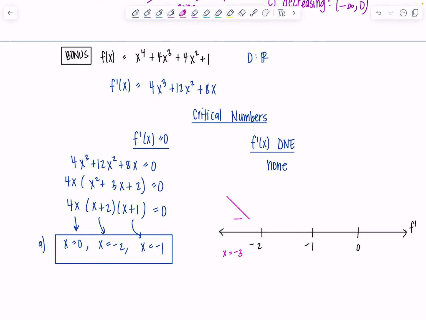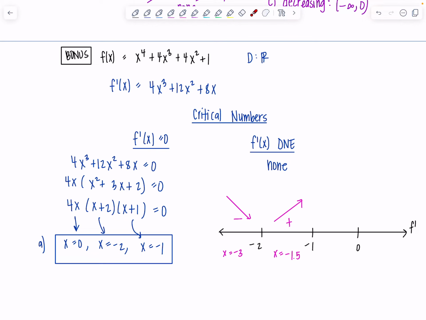The function's decreasing. Pick somebody between -2 and -1. How about -1.5? Negative, positive, negative. Negative, positive, negative is positive. The function is increasing.